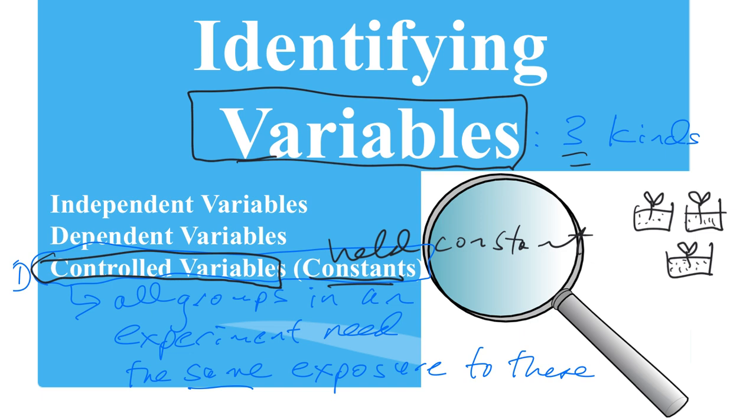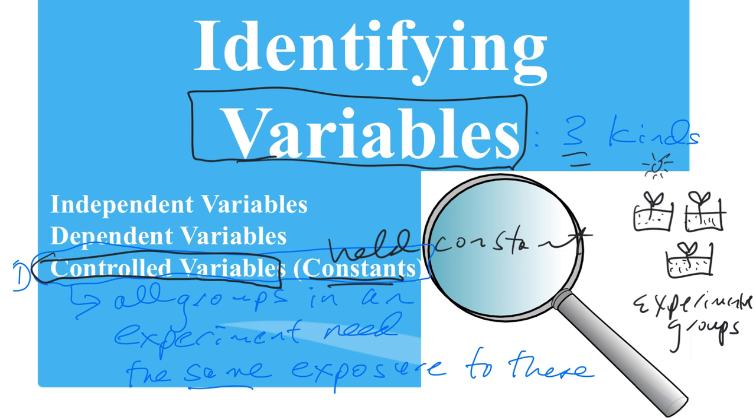You have to have them in the same amount of sunlight, hours, daylight hours. You have to have them at the same temperature. Okay, so those are all controlled variables. They're held constant in all the different experimental groups.